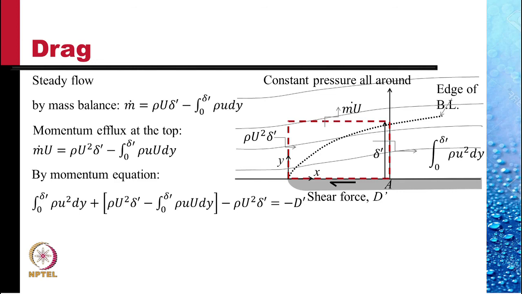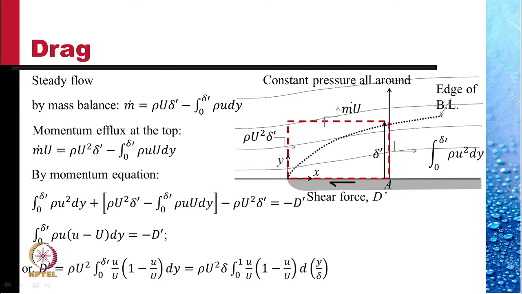We consider forces to the right as positive, so we use minus D prime. Simplifying, we get D prime is equal to rho U square delta integral 0 to 1 of u by capital U into 1 minus u by capital U, dy by delta.